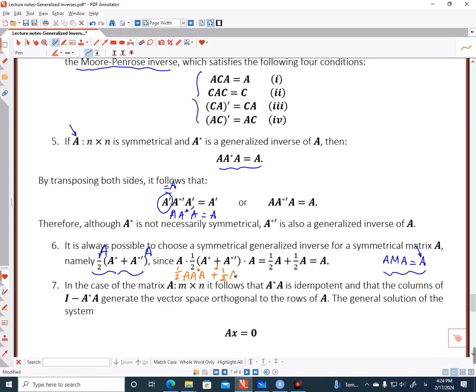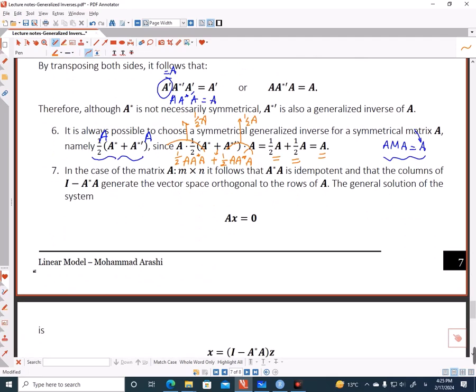Once again, half A A star transpose A. First of all, A star is a generalized inverse of A, so this guy is equal to half A. Here in number 5, we learned that A star prime is also a generalized inverse of A, so I can write this guy as half A. So we have half A plus half A, which is equal to A. It shows that half of A star plus A star prime is the generalized inverse of A, and it's a symmetrical matrix. So you can always find a symmetrical generalized inverse.